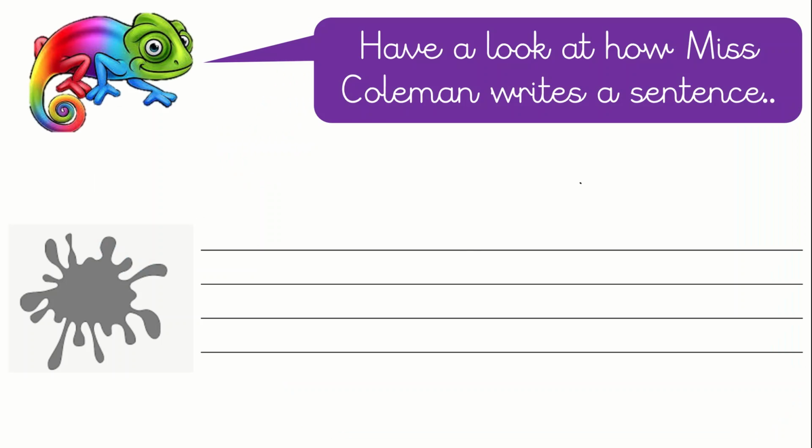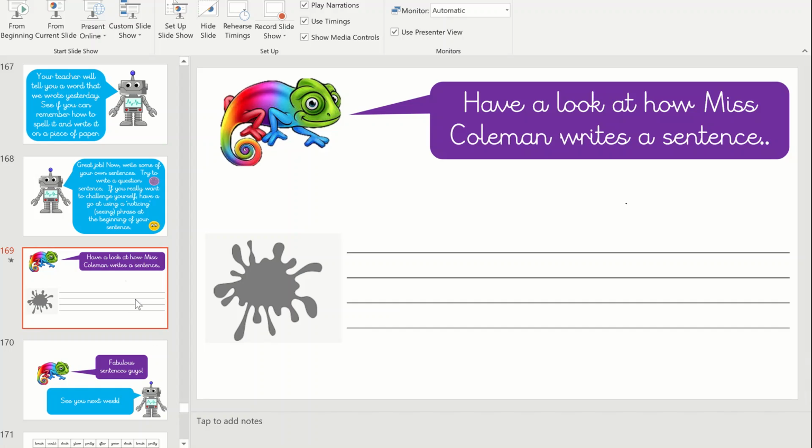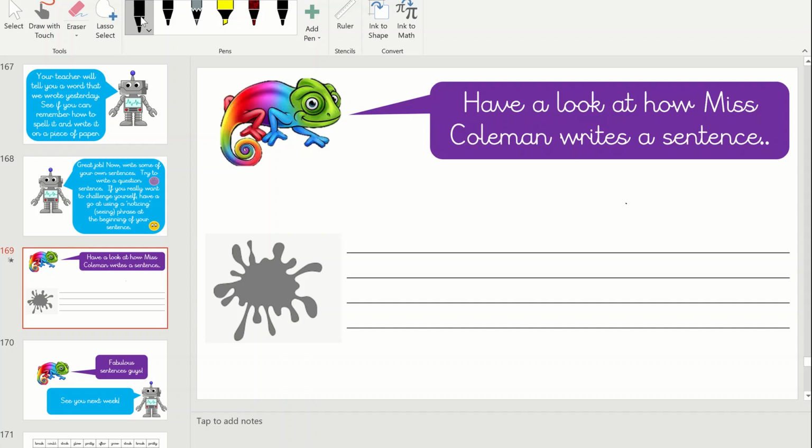Have a look at how Miss Coleman writes a sentence. Okay, so I had a little think about this before I did this video. So today, I'm going to be writing about a boy, and the boy has magically appeared somewhere he doesn't know, and he doesn't know how he's got there. So I'm going to describe the place with a few short sentences of where he's appeared.